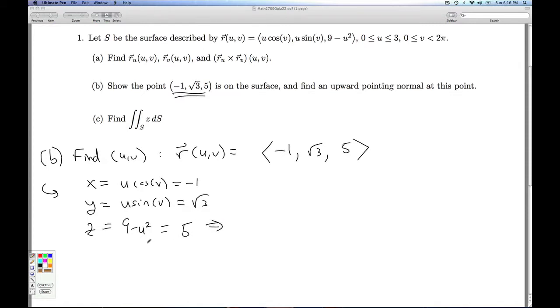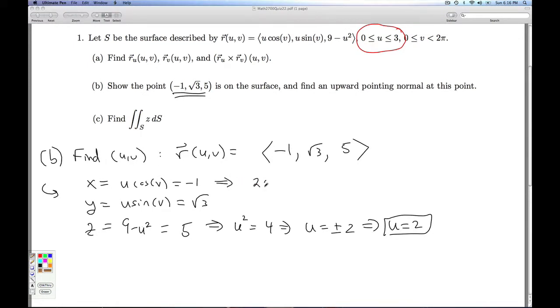So I can work here. I get u squared equals 4, which means u is plus or minus 2. But I go back and look to see where u lives. u is living between 0 and 3, so I'm going to pick the positive 2. Once I have positive 2, I can substitute that back into here.